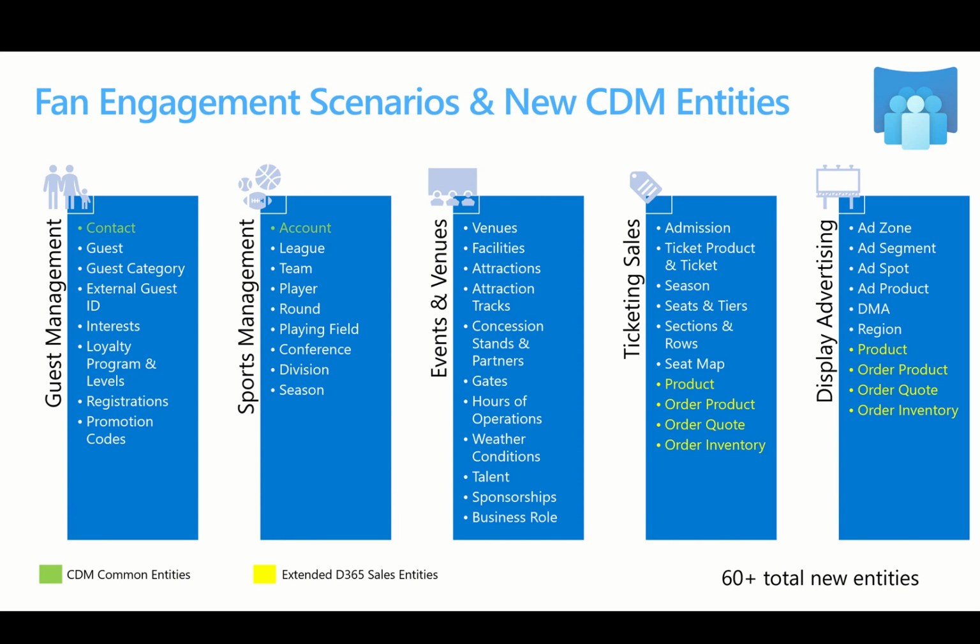You'll notice that some of these entities are brand new, whilst others of them extend existing entities that are available either through the common data model that already exists, or extending entities that exist that you get from D365 Sales, such as products or quotes.